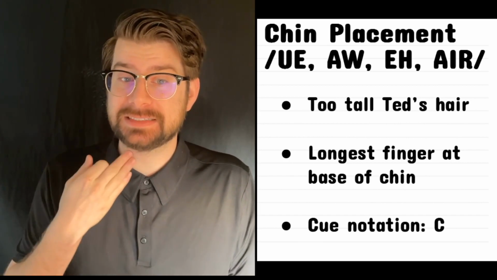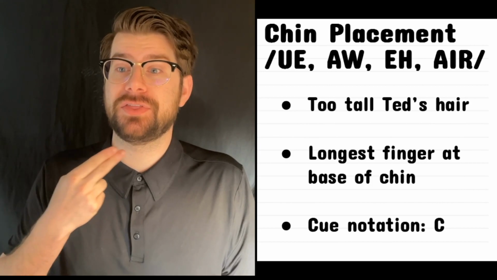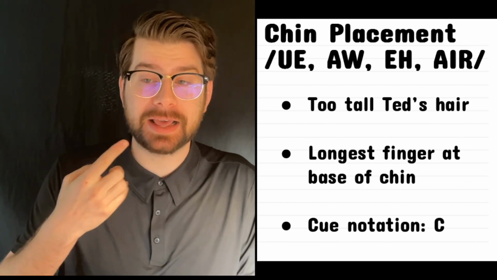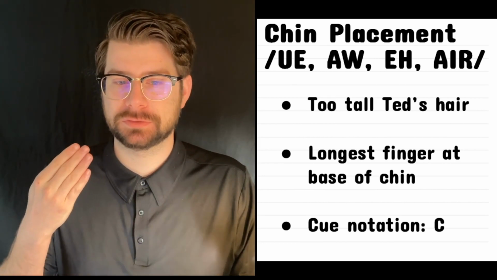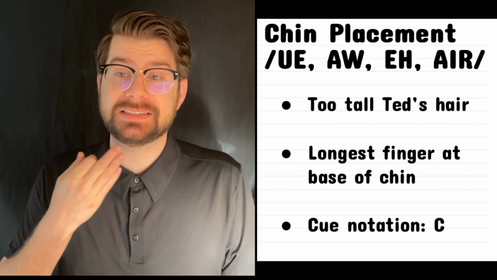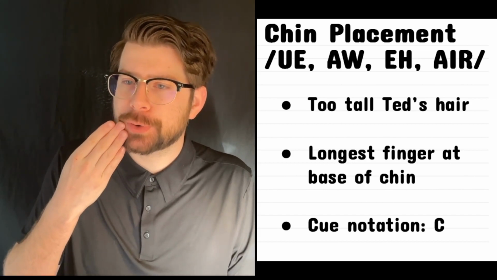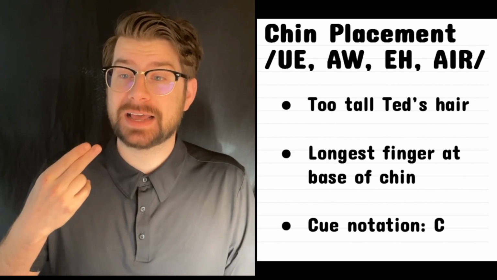Because that sentence has all the vowels of this placement. Too tall Ted's hair are all at the chin. So use that sentence as a reference point for you to remember which sounds are at the chin. Too tall Ted's hair.